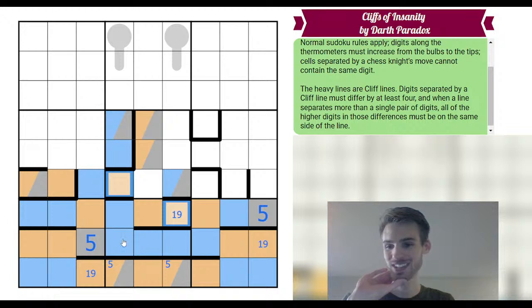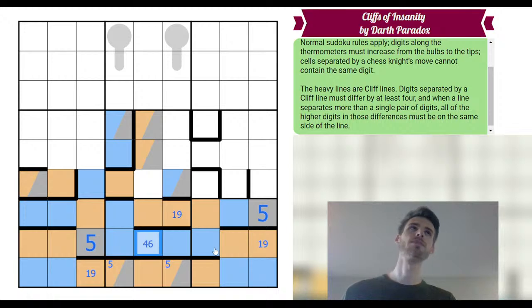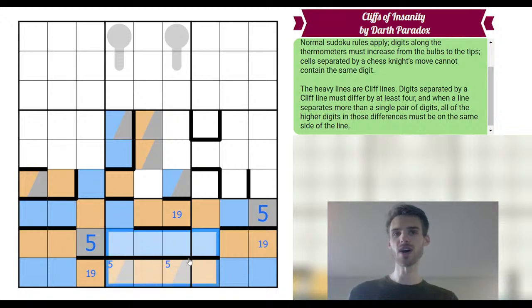Okay, so... now I'm wondering... so if I put the 4 or 6 in one of these cells, it can't go with the 1, 9, so it has to go with the 2, 8. And that will be the same on both sides. So one of the ones that doesn't have 5 on it must be the 3, 7, right?